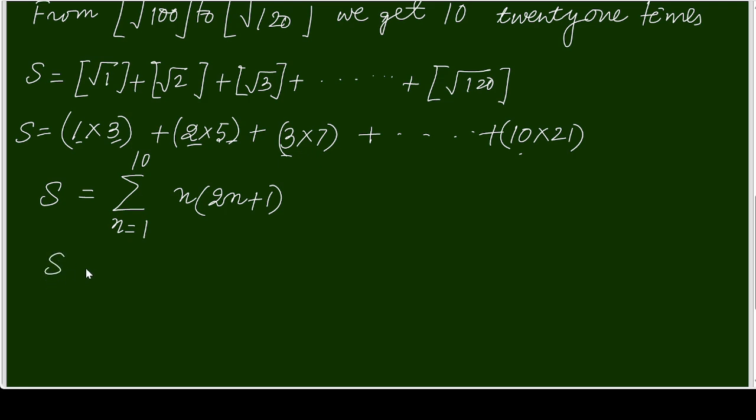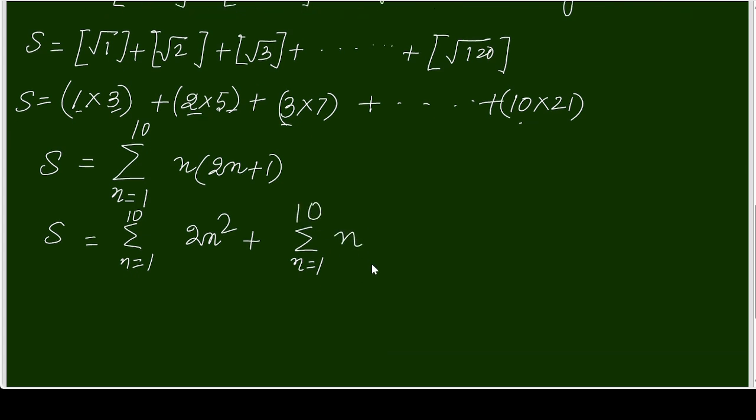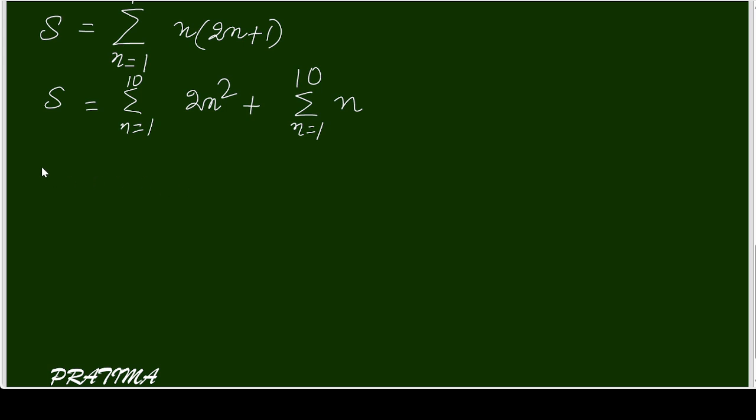If we simplify, this is summation n equals 1 to 10 of twice n square plus summation n equals 1 to 10 of n.